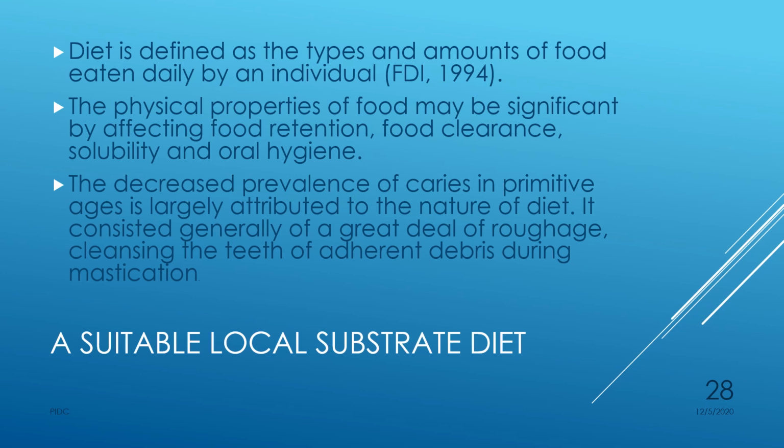The physical properties of food may be significant by affecting food retention, food clearance, solubility, and oral hygiene. The decreased prevalence of caries in primitive ages is largely attributed to the nature of the diet. It consisted generally of a great deal of raw fish, cleansing the tooth of adherent debris during mastication.